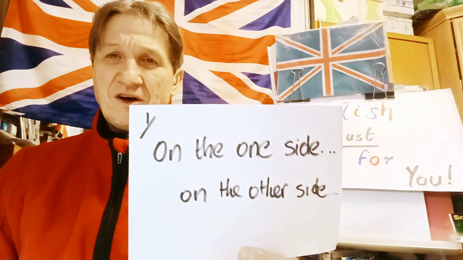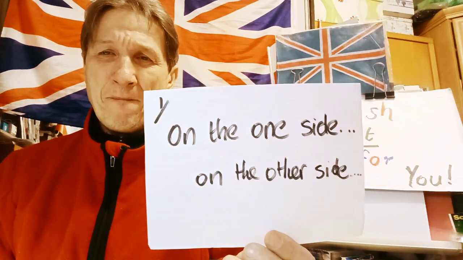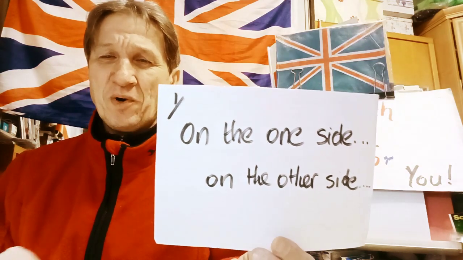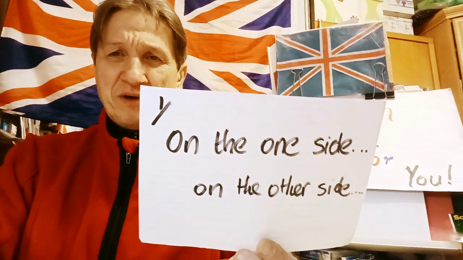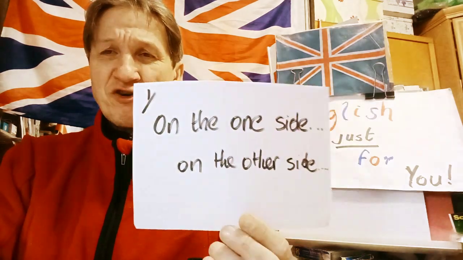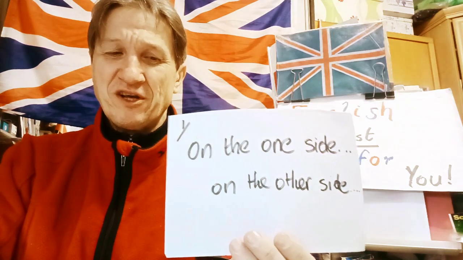So let's crack on and let's look at the first sentence, which is "on the one side, on the other side". Well, the problem here is the word side, because perhaps in a few languages it could be side, just like in Polish, z jednej strony, z drugiej strony.